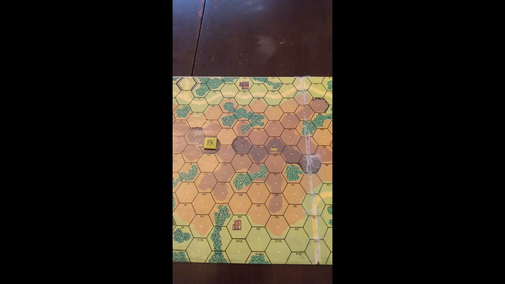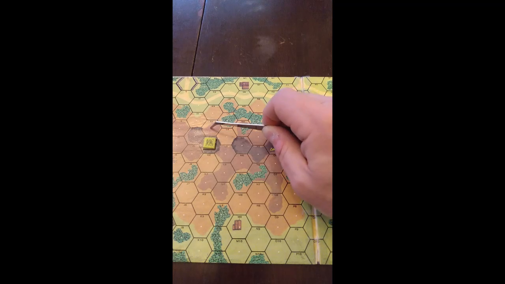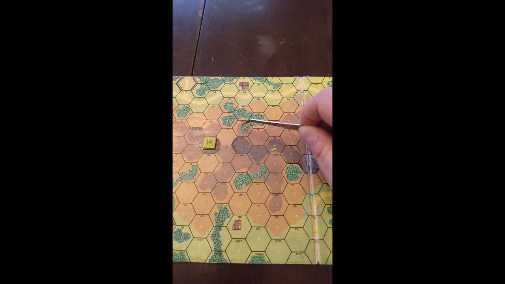Okay, so now we're going to try moving downhill and see how that works. Remember that moving downhill, we don't get a bonus, but we also don't get a penalty. It's essentially like traveling on the same level. Sergeant Stoller is giving us orders to start here in K5 at this level 3 hill, and work our way to K4, L4, and then M4.